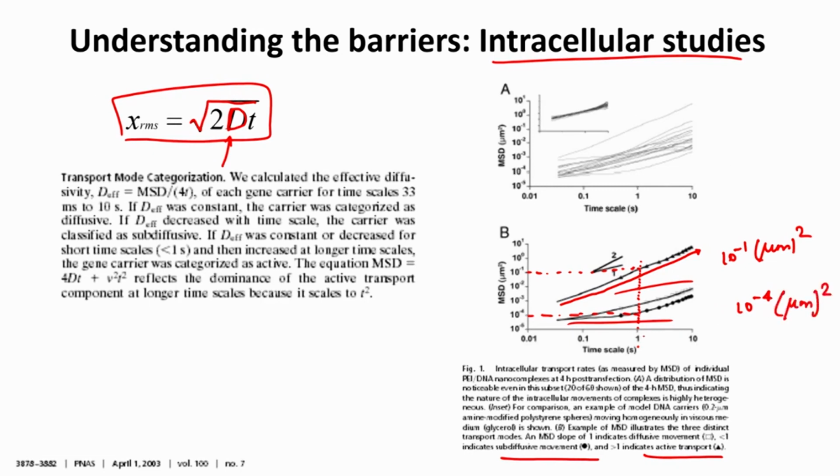So the diffusion is actually increased, the movement is actually increased by 3 orders of magnitude, which is a huge improvement in translocation. So somehow, if you can get the active transport to work, you have a much better chance of getting your cargo into the nucleus.